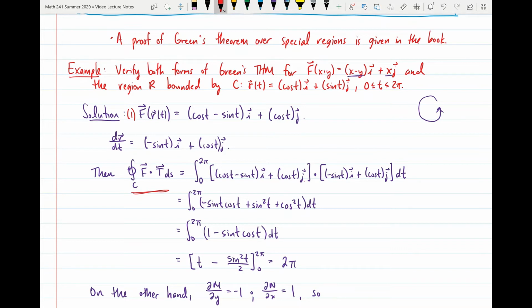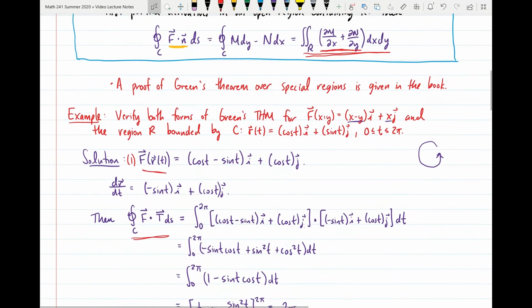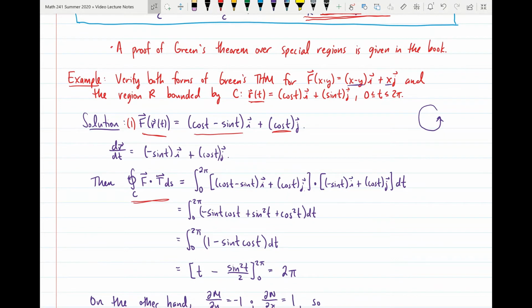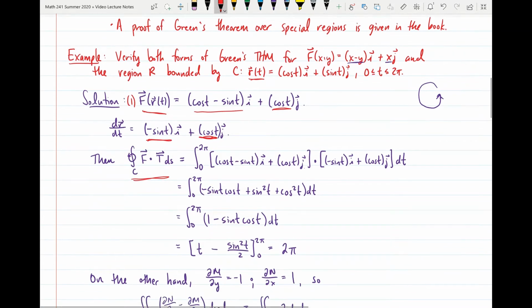So first, let's evaluate this line integral of F dot T over the simple closed curve C. First, we need to find F of r of t. So we take the x component and y component of our parameterization of the curve, and we plug it into the vector field F, and we get (cosine t minus sine t)i plus cosine t j. And then we also need the derivative of r with respect to t, which is minus sine t i plus cosine t j.